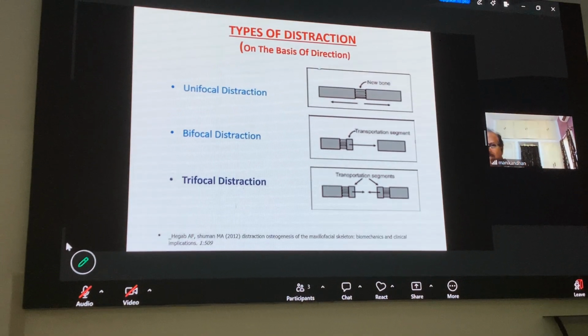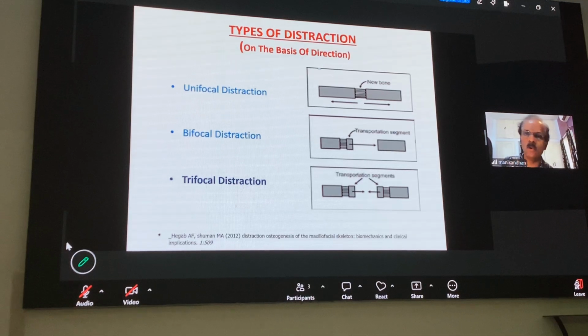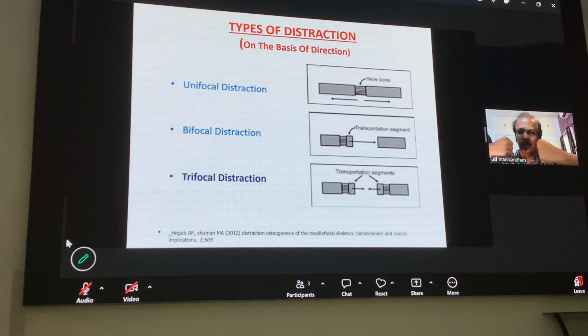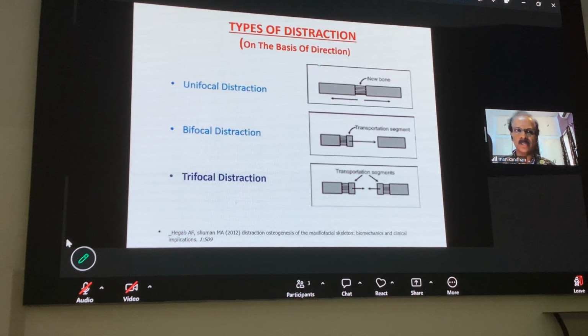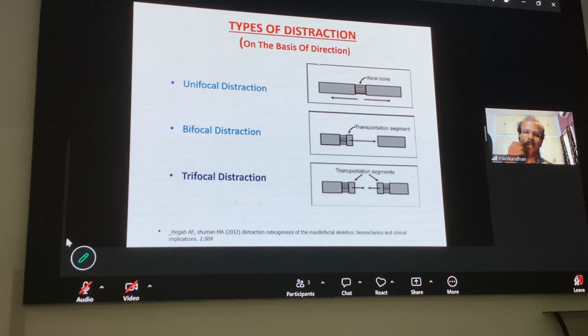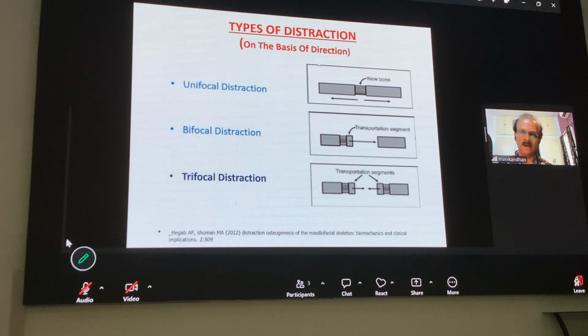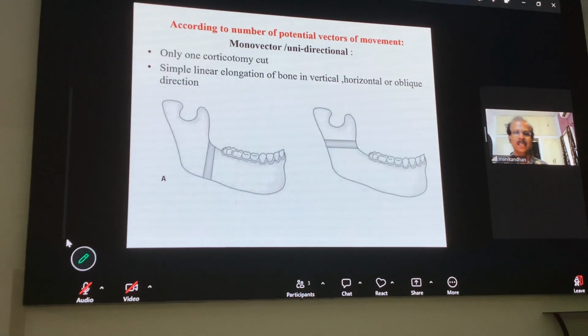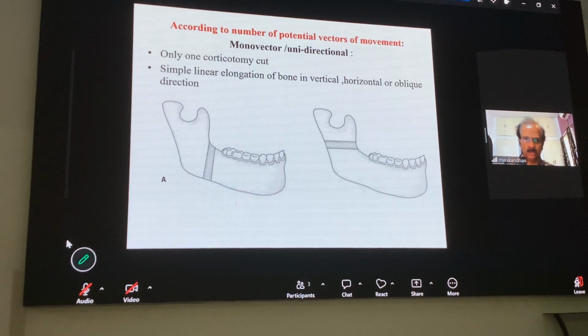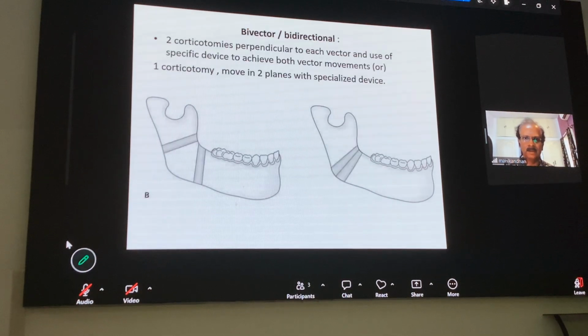Now what are the types of distractors? You are moving in only one direction, like this. That's called unidirectional. If you are moving in 2 directions, bidirectional, and then there is multi-directional. Now let us see here. This is unidirectional. We are moving in only one direction, either horizontal or vertical.